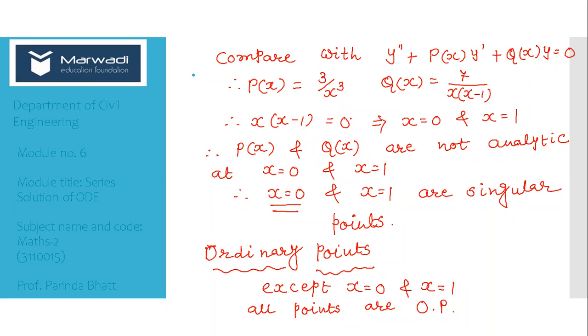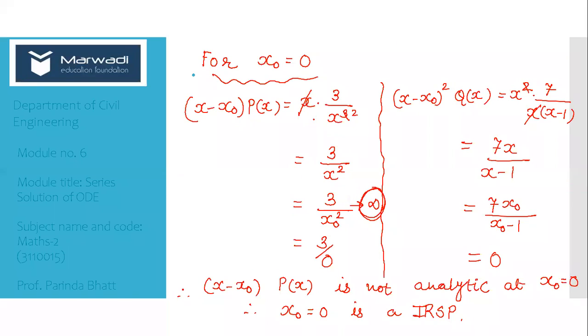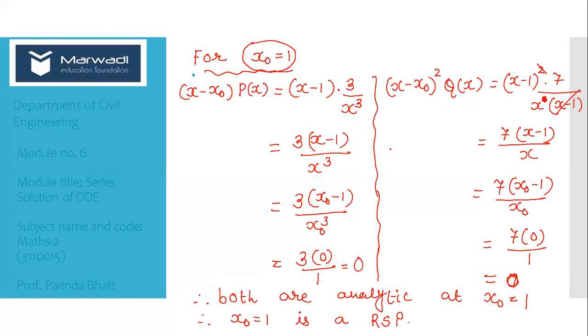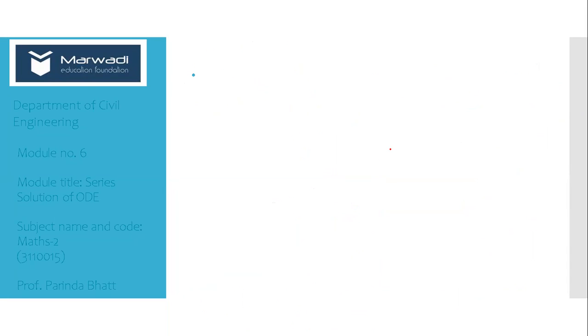When we solve this equation, we get x equal to 0 and x equal to 1. For those points, P of x and Q of x are not analytic, therefore singular points. All remaining points are ordinary points. And individually, we check for every singular point whether it is regular or irregular. If any one of these two conditions is not satisfied, then this is irregular; otherwise, this is a regular singular point.